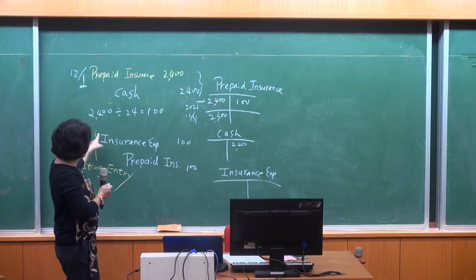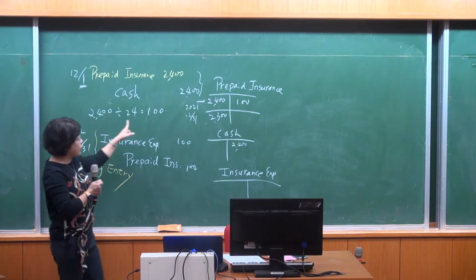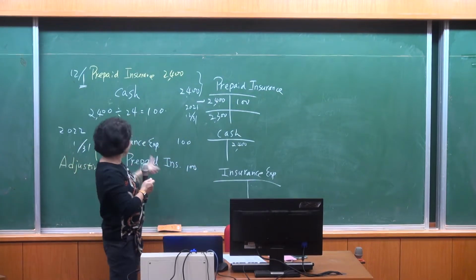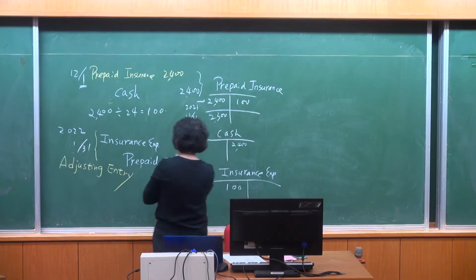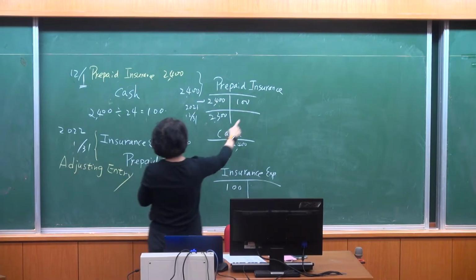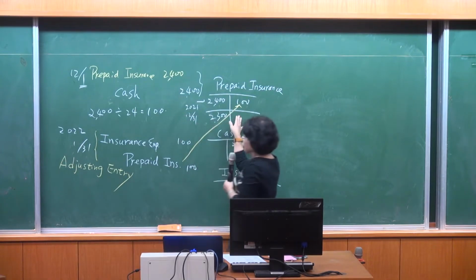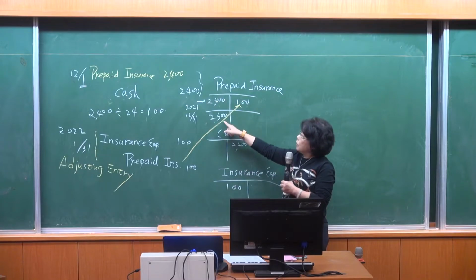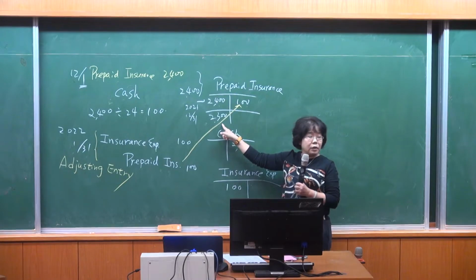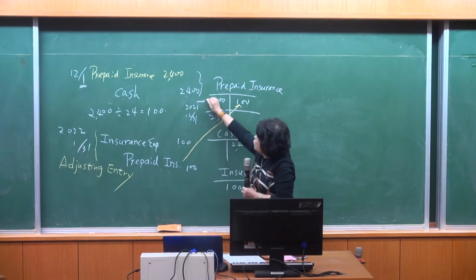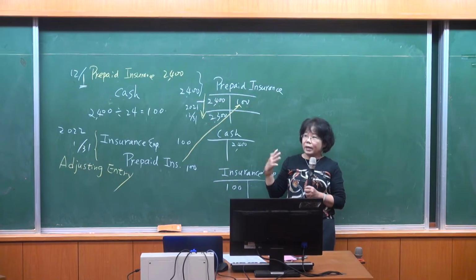So whenever you complete an entry, the system will post directly to the right place. Here you have insurance expense, with the debit and the credit sides. After the adjusting entry, your balance goes from 2,400 to 2,300. So it is decreasing. Your right is decreasing. Okay? That's why prepaid insurance is your asset.